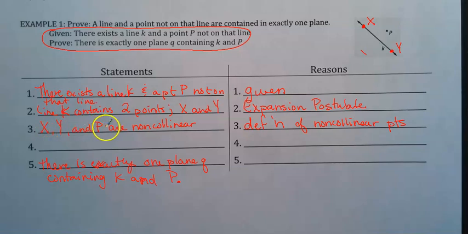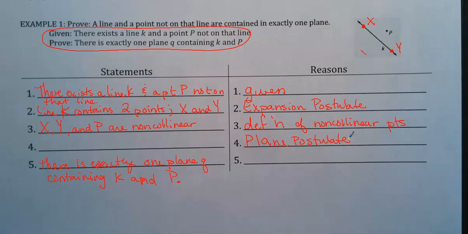I've got 3 non-collinear points, and that's exactly what I need to know to prove that there's exactly one plane that contains them. Okay, so I'm going to use the plane postulate. Okay, because again, that plane postulate says 3 non-collinear points lie in exactly one plane.